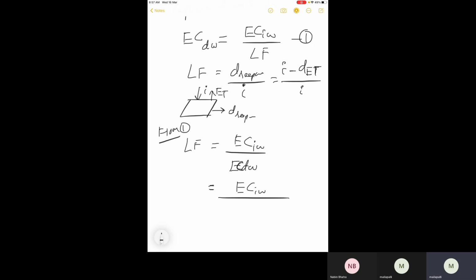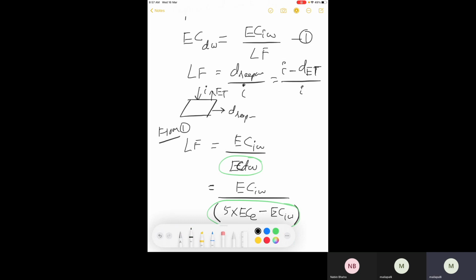So for EC DW, what they observed is 5 times ECE minus EC IW. Okay, this one will be this one. This is LF. So remember this equation, 5 times ECE.